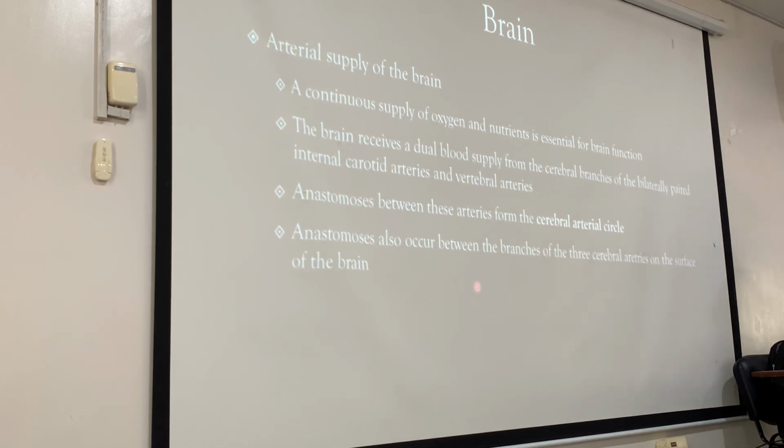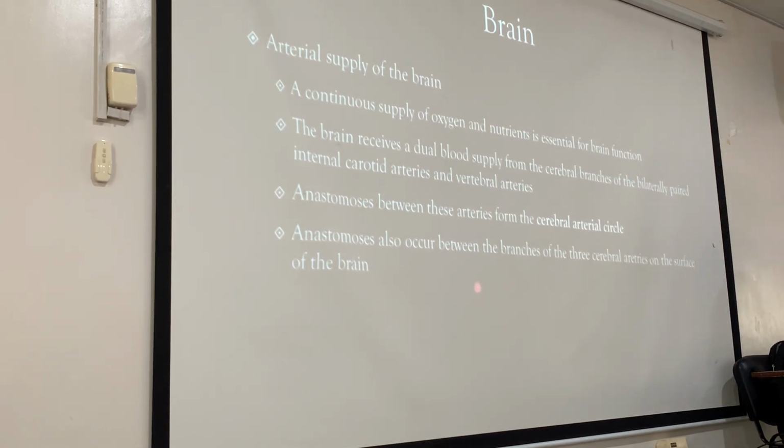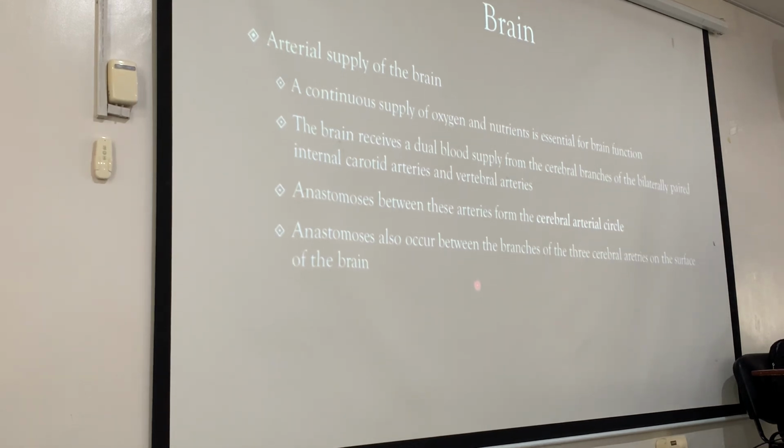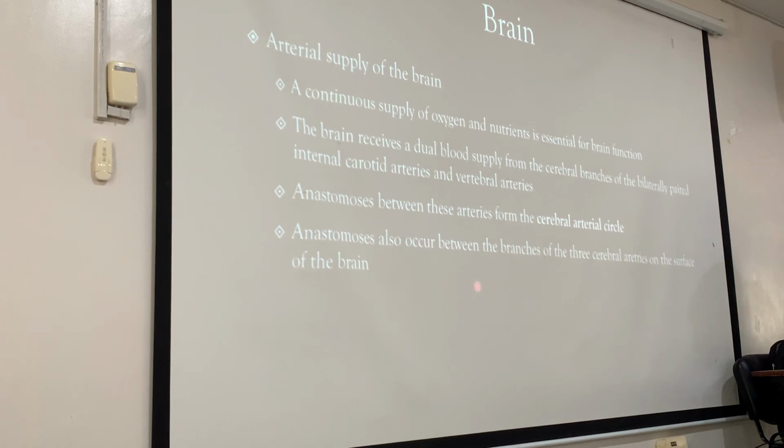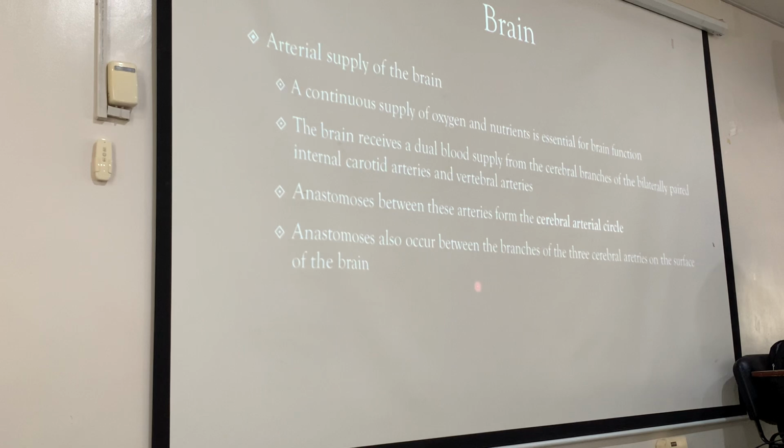There is an anastomosis in the base of the brain called the cerebral arterial circle, where all the four arteries form a circle, an anastomotic circle. So this is called the cerebral arterial circle of Willis. And anastomosis also occurs between the branches of the cerebral arteries on the surface of the brain.